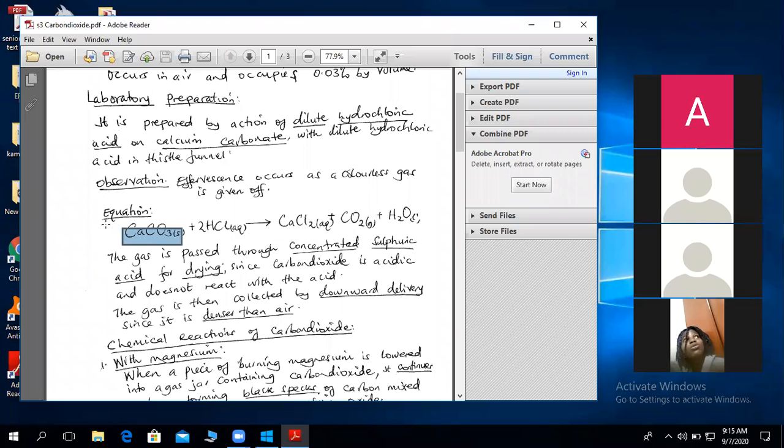Why will it stop further reaction? Because the calcium sulfate formed will form a coating on calcium carbonate, and the acid will no longer access the carbonate to react. So the reaction will end there.